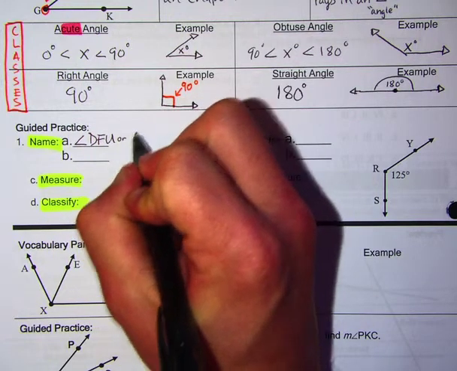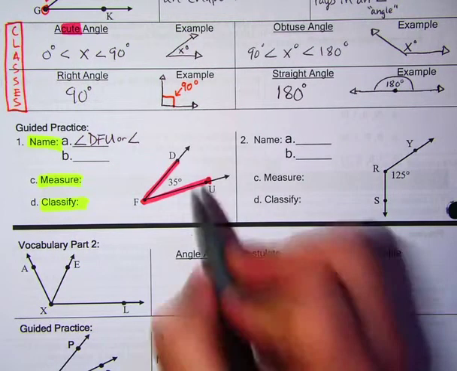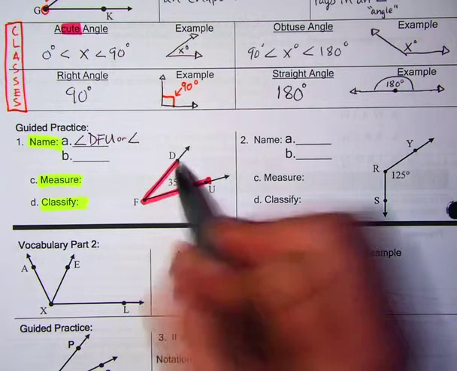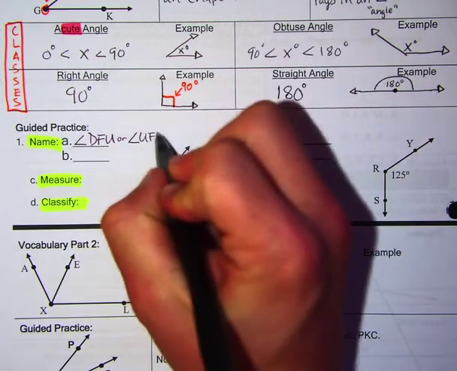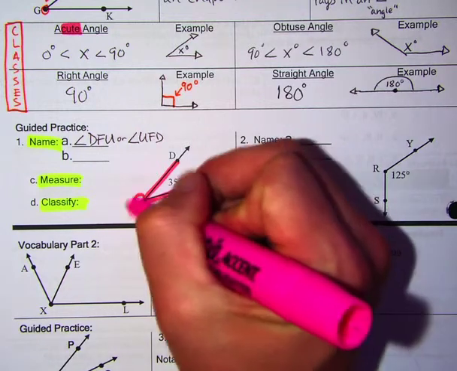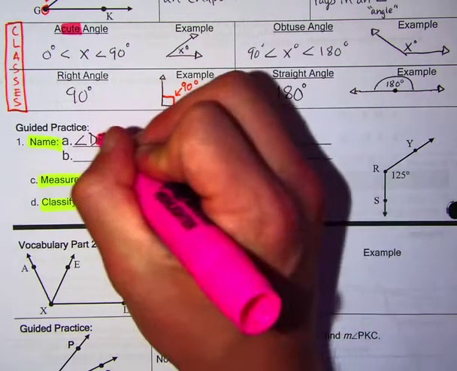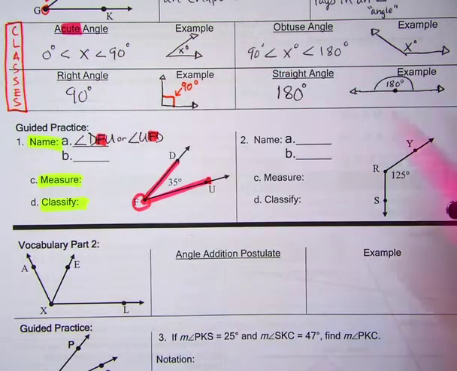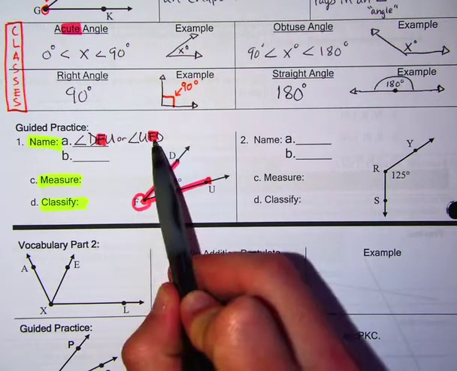Now you also could have said angle UFD. Either one of those would be fine. Notice, and this is really important, that the vertex is always the letter in the middle of the three. Has to be the case.